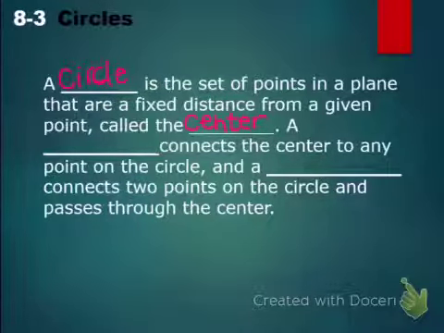Up next, we have a blank connects the center to any point on the outside of the circle, and that is going to be a radius, so an R. And then the diameter is going to connect 2 points on the circle, and it's going to pass through the center, diameter.